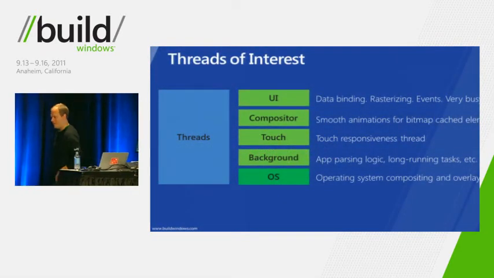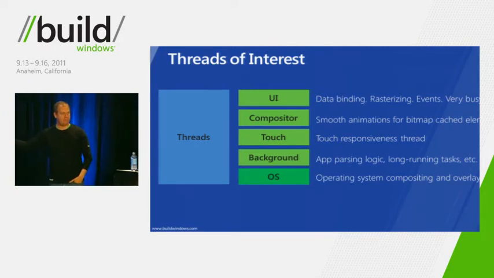We'll look into that. These are the threads in Mango. So in Windows Phone 7.5, the UI thread is the big kahuna. It's the guy that was there for Silverlight. If you're a Silverlight developer, there's the UI thread and then maybe background threads, but that's really about it. In Windows Phone, we found that we needed to add a couple other threads to make this work better.